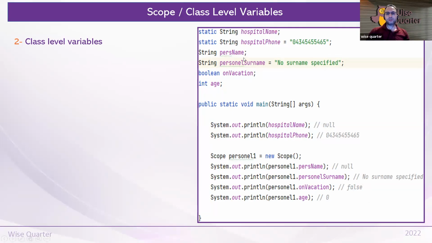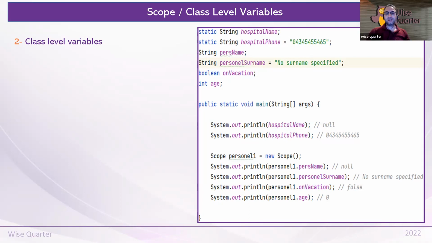What about personal name? Every personal will have a different name, of course. It shouldn't be a static variable. It is the same for the surname too. It shouldn't be static because for each person, it will be different. On vacation, is the person on vacation, of course, this will be a different value for each one of them.